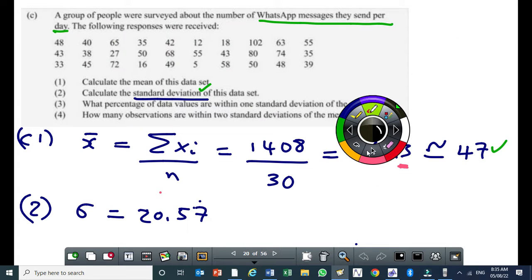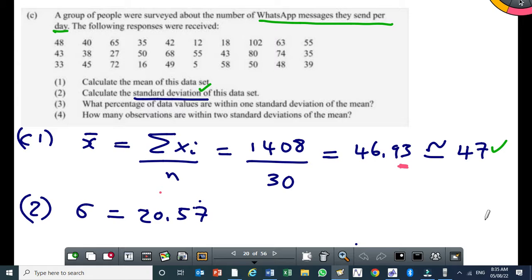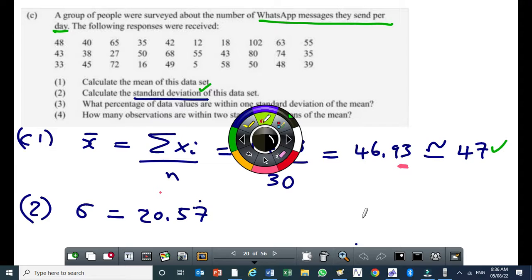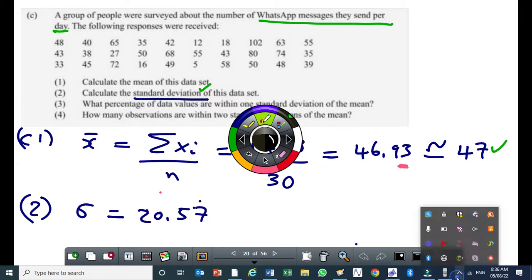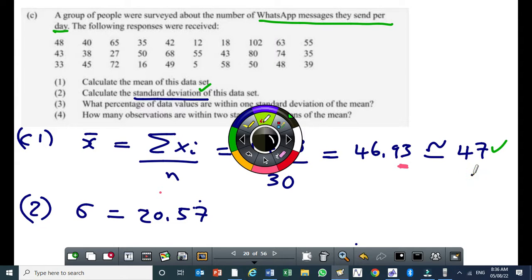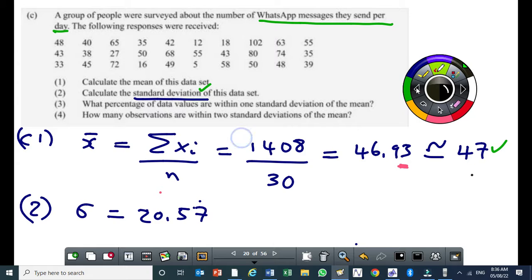All right. So yesterday I stopped here. Yesterday we determined the mean, then we determined the standard deviation.